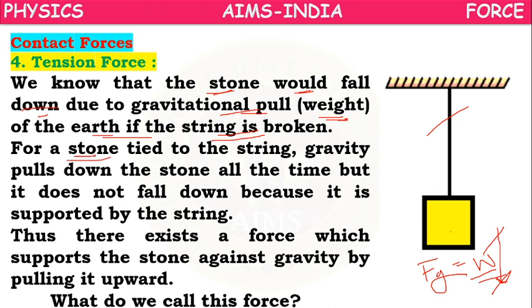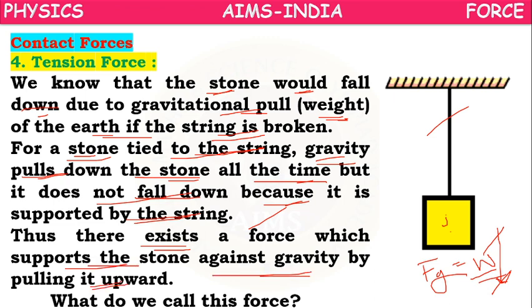But when the stone is tied to a string, gravity pulls down the stone all the time, but it does not fall down because it is supported by the string. Means there exists a force which supports the stone against the gravity by pulling it upward. What do we call this force? This force is called tension force, because on the stone the force of gravity is acting downward.